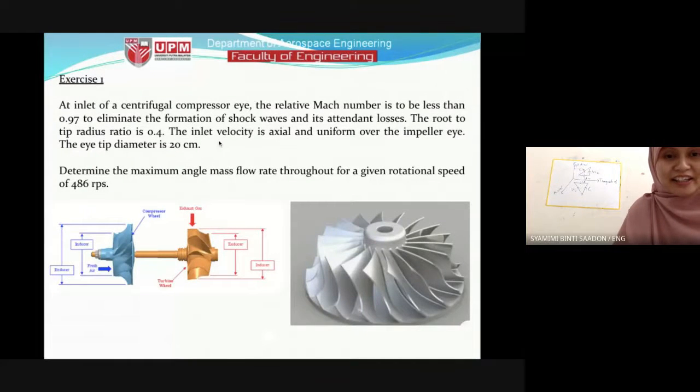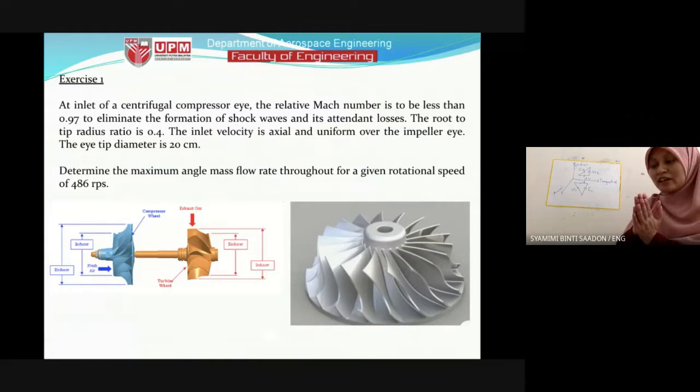Then the inlet velocity is axial, so the fresh air enters axially. Why do we have to mention this? Because sometimes the fluid has pre-whirl, meaning it has a bit of an angle that we characterize as alpha.